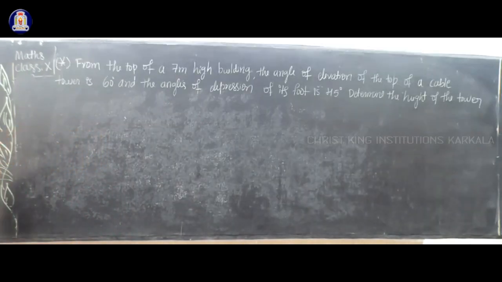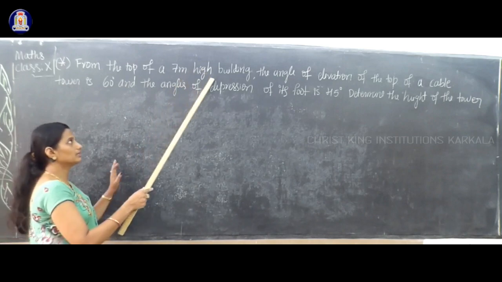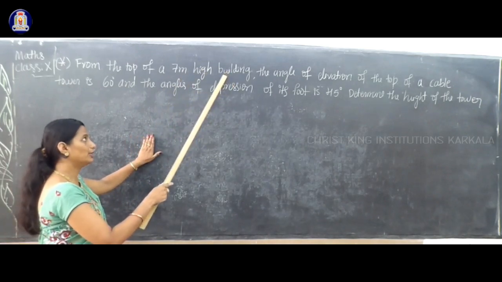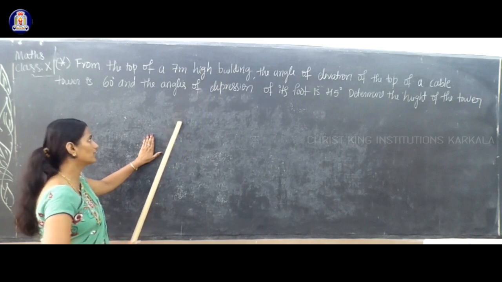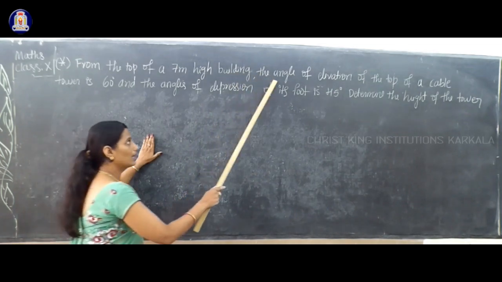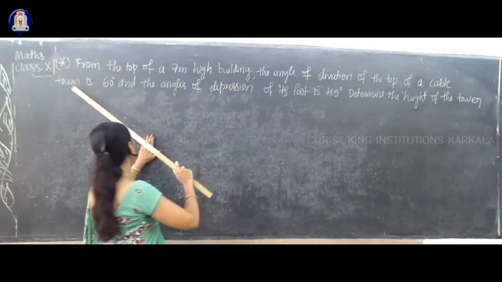Next question. From the top of a 7-meter high building, so the height of the building is 7 meter, the angle of elevation of the top of a cable tower is 60 degrees and the angle of depression of its foot is 45 degrees. Determine the height of the tower.